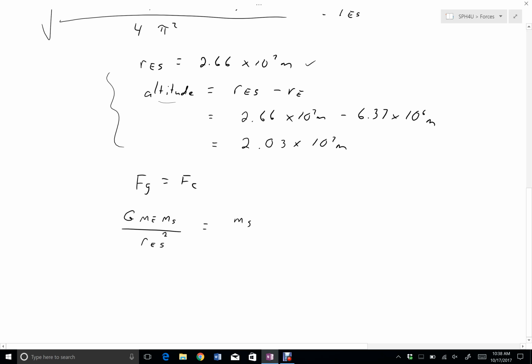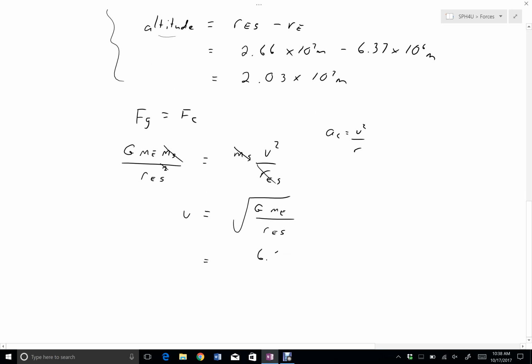Now I'm going to use this formula for circular acceleration because it gives me my speed directly, so that makes that relatively easy. And here, the mass of the satellite isn't 0, and the mass of the radius isn't 0, so I can divide those guys out, and I get that the speed is just the square root of the universal gravitational constant, mass of the Earth, divided by the radius that we're working with here.